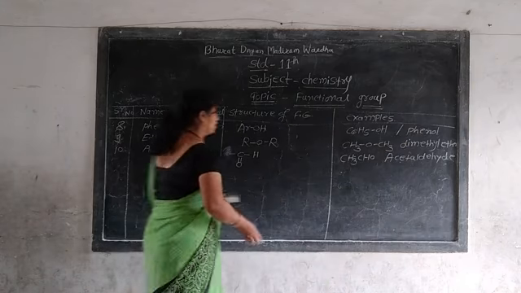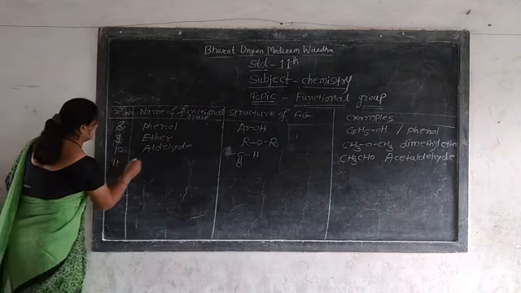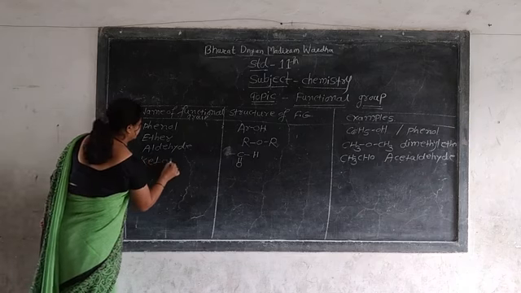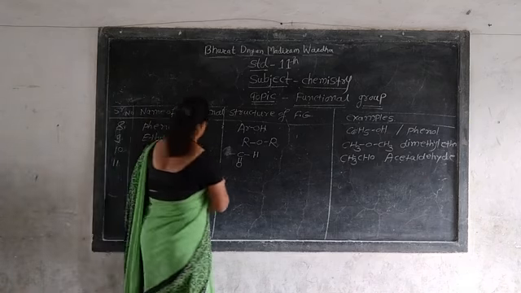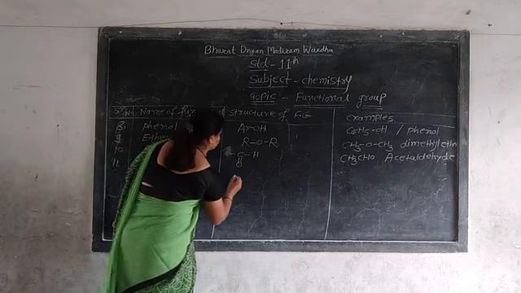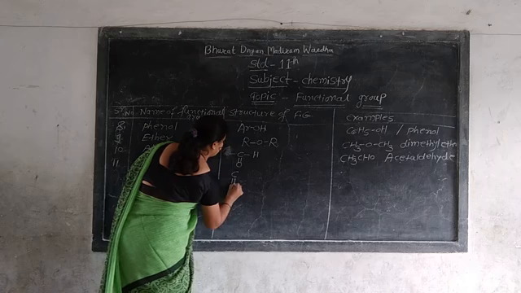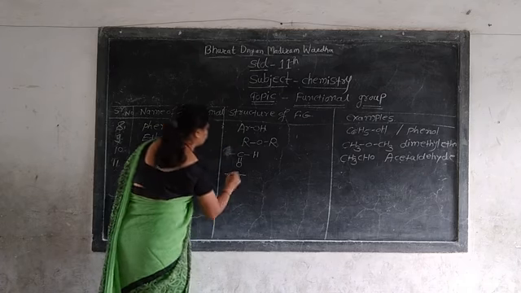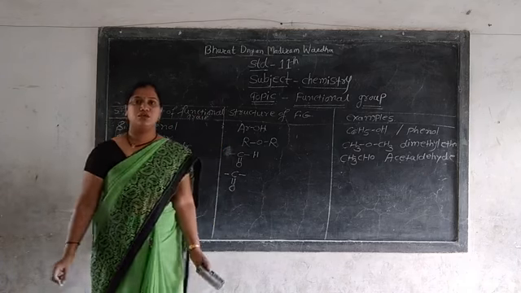Then next is ketone. The structure of ketone is C double bond O, which is the functional group of ketone.